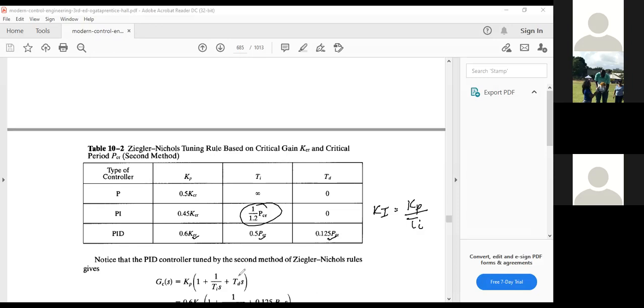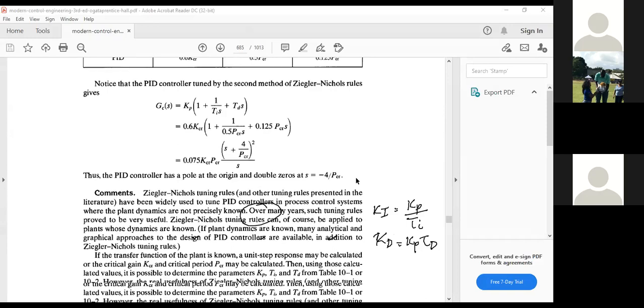And remember that KD is equal to KP times TD. All right. So that is how you would do it experimentally, if you don't know the transfer function. But if you do know the transfer function, then you can analytically determine these things for yourself.